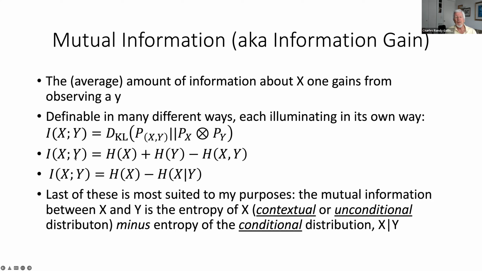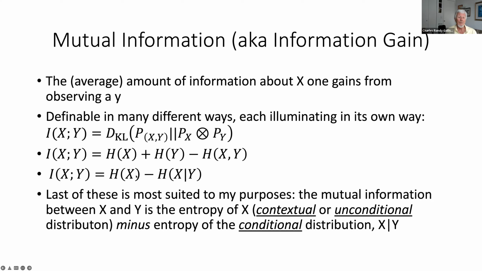Another way of defining it, which is more intuitive, I think, is that it's the sum of the two marginal distributions. Again, I'll be illustrating this momentarily. So the entropy of one marginal distribution plus the entropy of the second marginal distribution minus the entropy of the joint distribution.